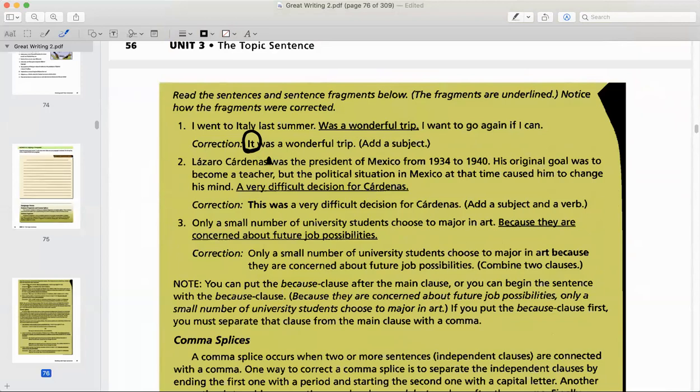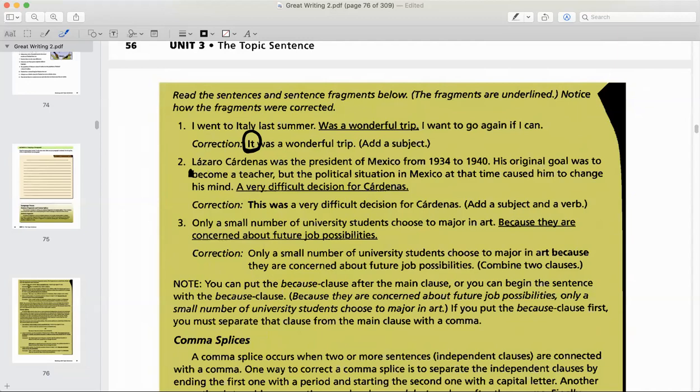And so you need to get used to it and get familiar and comfortable with using it as a subject. So it was a wonderful trip. Italy was a wonderful trip. Our trip to Italy.